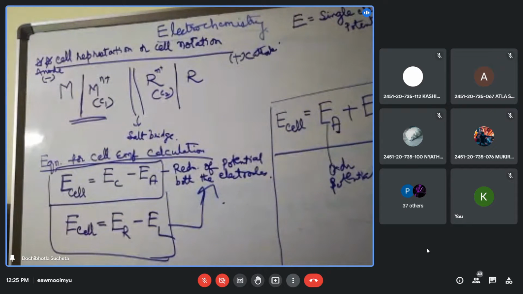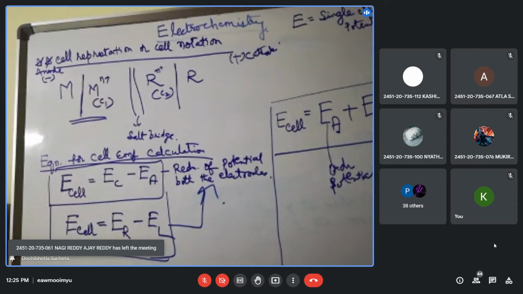The reactions are spontaneous, and to know the net EMF a particular galvanic or voltaic cell can produce, I can use the mathematical expressions: E cell is equal to E cathode minus E anode, or E cell is equal to E right minus E left electrodes, while considering the reduction potentials of the electrodes.